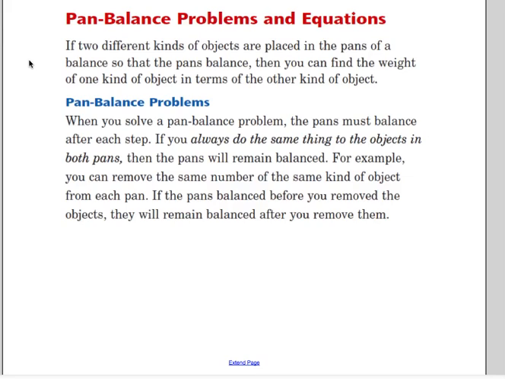So let's take a little bit closer look at pan balances and what are we looking at if we're doing pan balance problems and equations. Now, if two different kinds of objects are placed in the pans of a balance so that the pans balance, then you can find the weight of one kind of object in terms of the other kind of object.